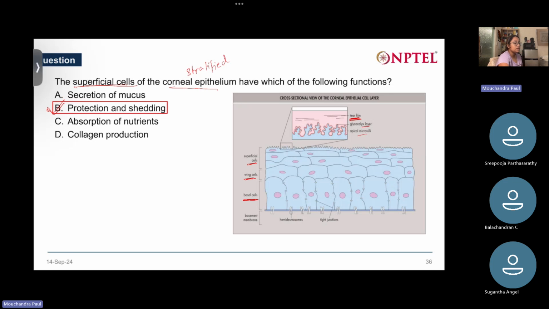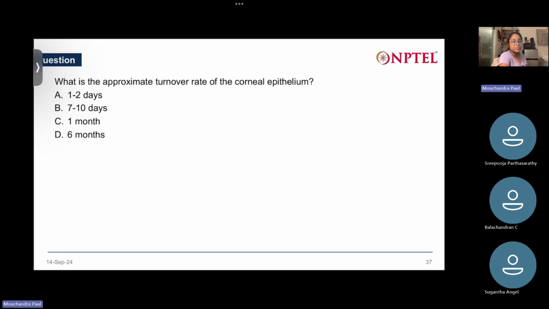So what is the approximate turnover rate of corneal epithelium? How frequently do we get a new layer of superficial cells as the topmost layer of the epithelium? How frequently does that happen? In 1 to 2 days, 7 to 10 days, in 1 month, or in 6 months?